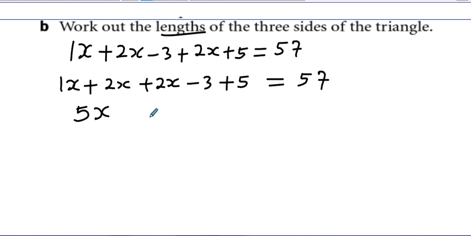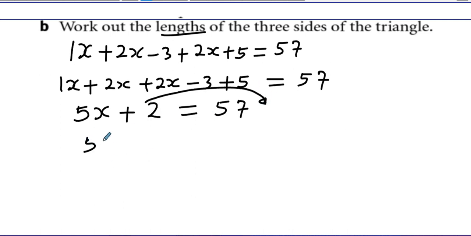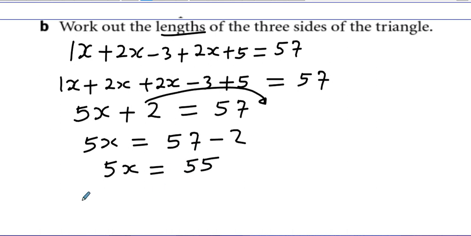Negative 3 plus 5 is positive 2, equals 57. Positive 2 goes to the right hand side, so 5x equals 57 minus 2, which is 55. To find the value of x, we divide by 5. x equals 11.